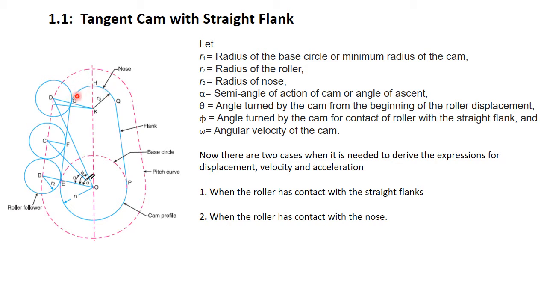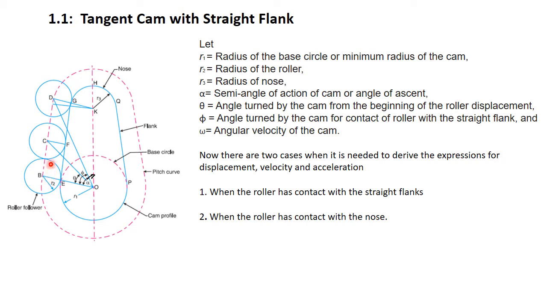So we need to analyze the follower motion separately on the surface of flank and on the surface of nose. Clear? So here angle phi is the angle turned by the cam during the motion on the surface of flank.